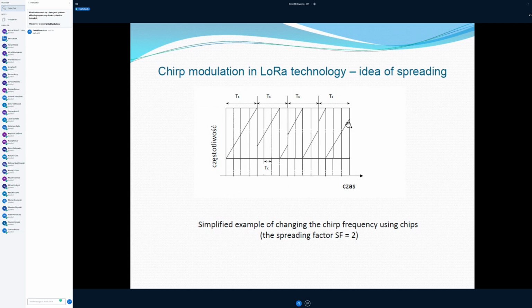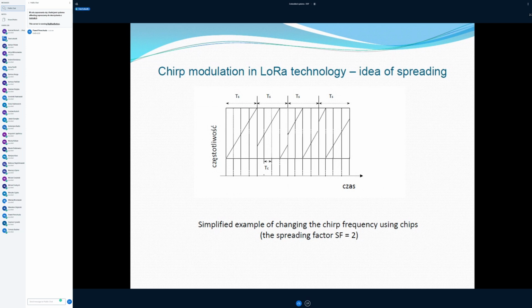And you may imagine that in other systems, we may have more such cutting chunks, or chips, as we call them. So for example, we may have 127 chips, various chips within one bit.